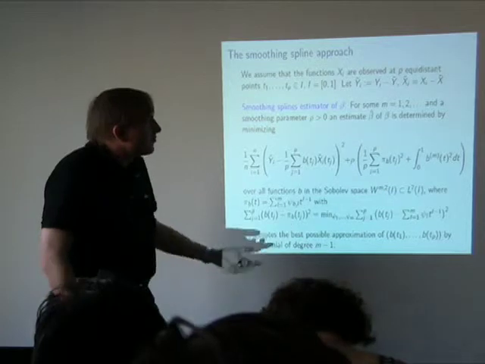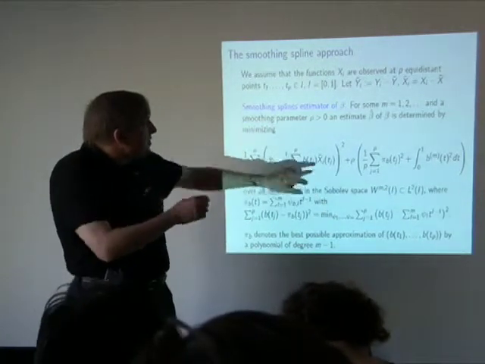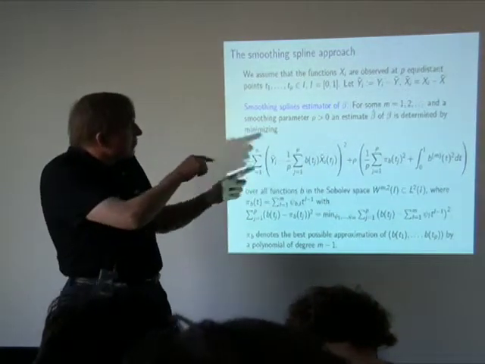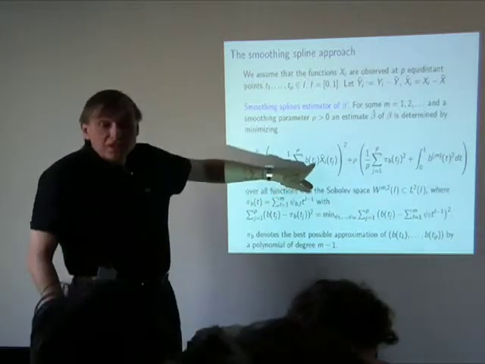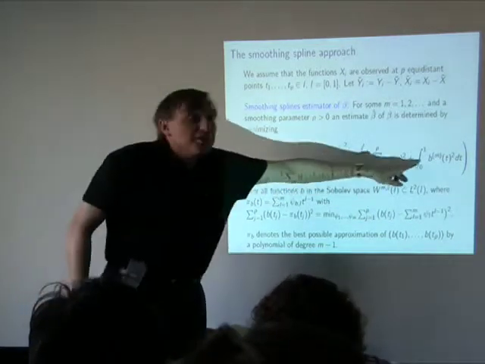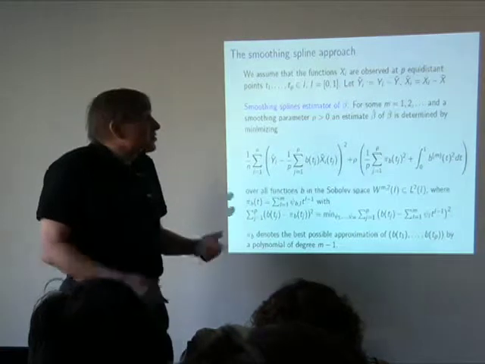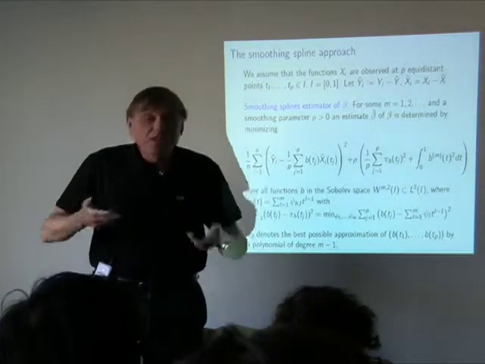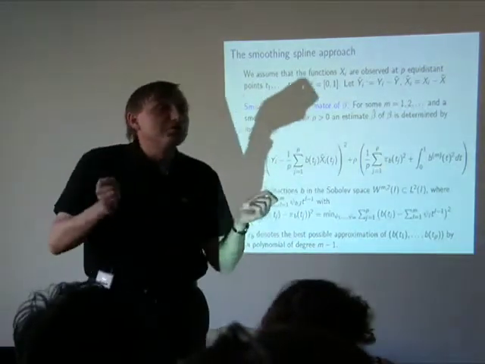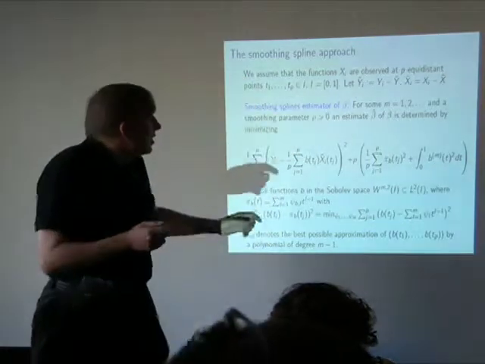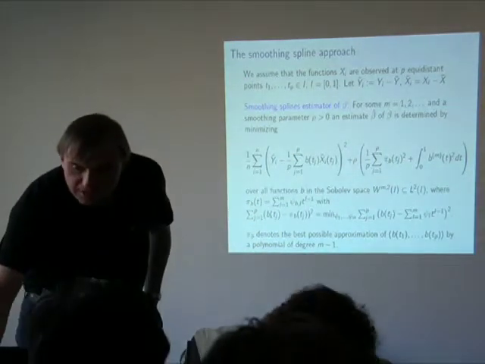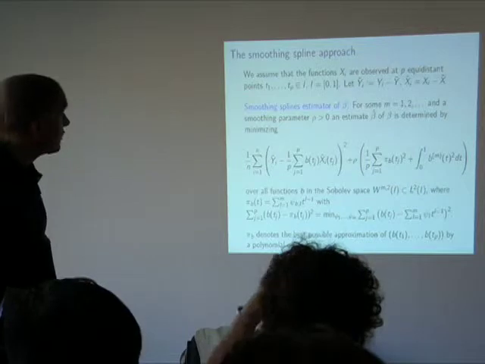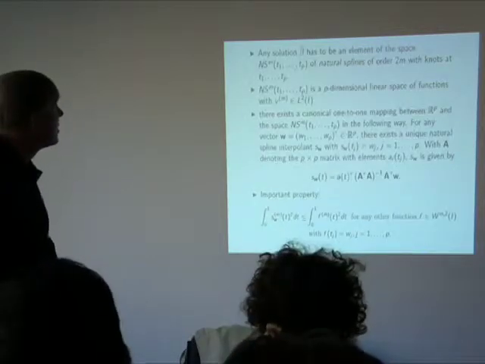In principle, there may be different functions which have the same values at the t_j's but differ in between. And there's this property of splines that they give the smoothest interpolation. That's the reason why the solution of this is always a spline function.